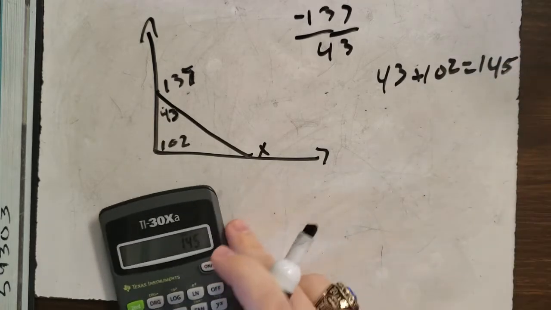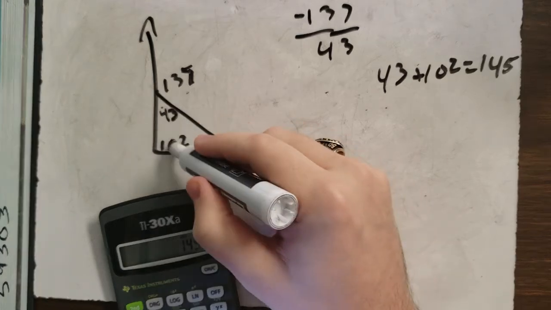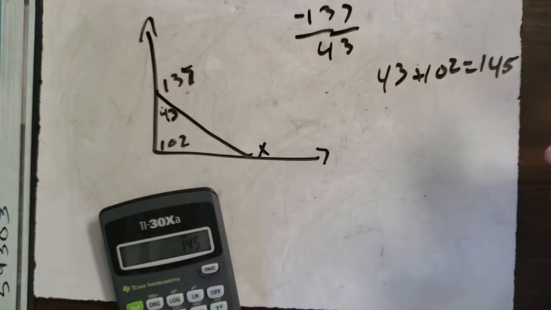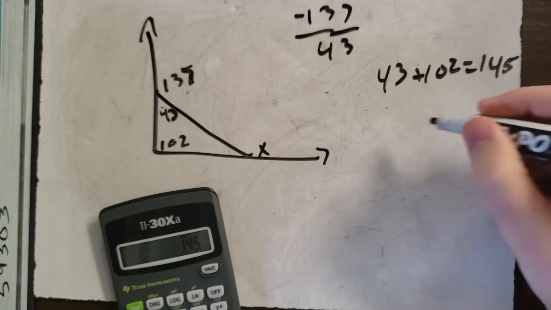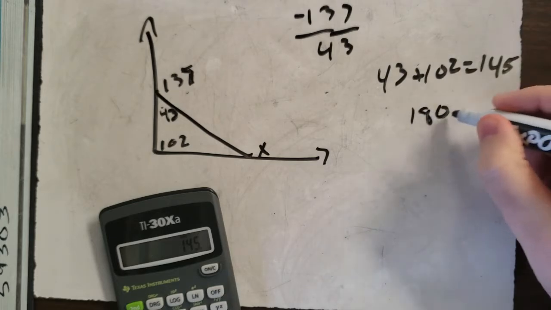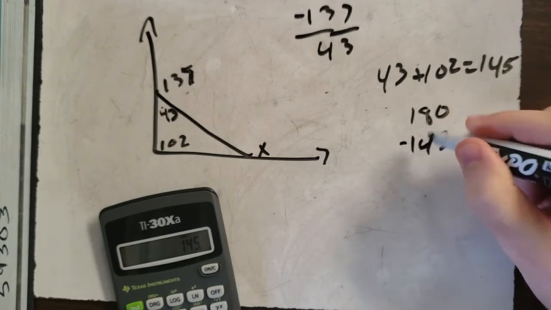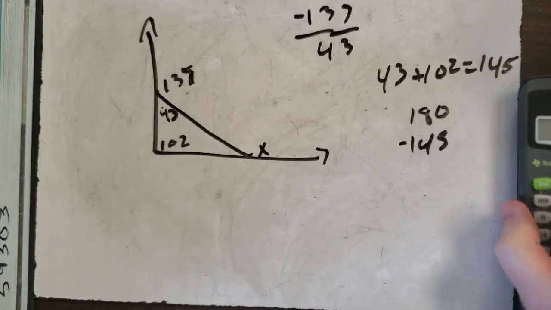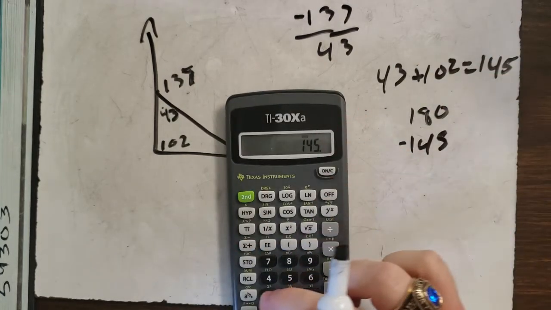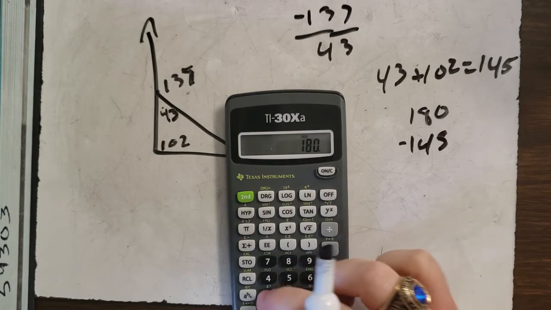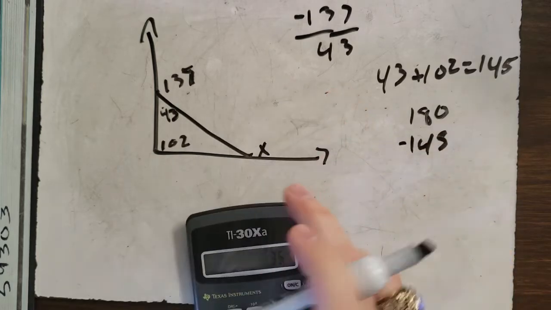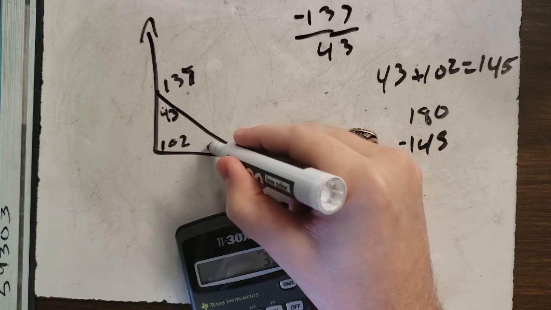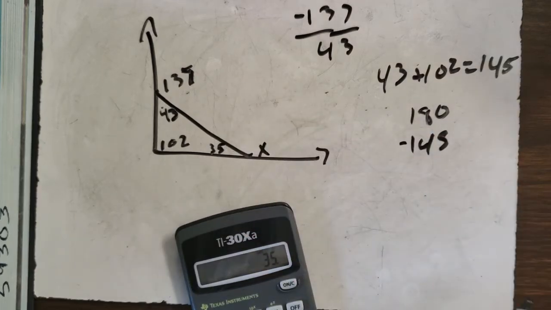So that means this third angle in here is 145. Now remember, to get our final answer, we take that and subtract it from 180. We have the two angles, we subtract it from 180 to get our other middle third angle here, 35.